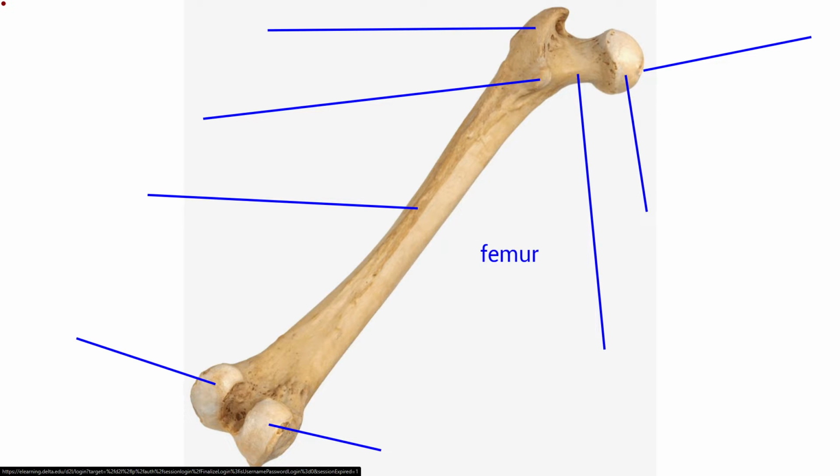So the first one is the head of the femur. The head of the femur has a depression in it, and we're going to zoom in on it in a minute. That depression is where a short, thick ligament kept this attached in the acetabulum, but once the ligament is gone, there's a depression in the head of the femur here. It's called the fovea capitis.